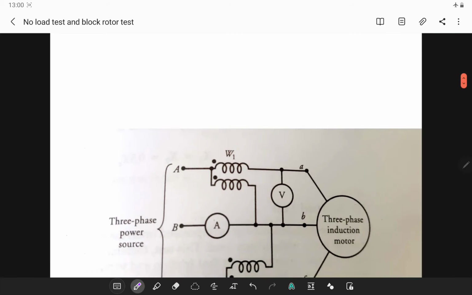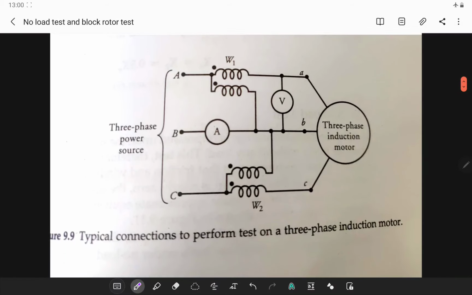If I want to perform no load test or blocked rotor test, my circuit diagram in the lab will be like this. Suppose this is three phase induction motor with phase A, B and C, or phase R, Y and B. I will require two wattmeters that will give three phase power W1 and W2 in watt.